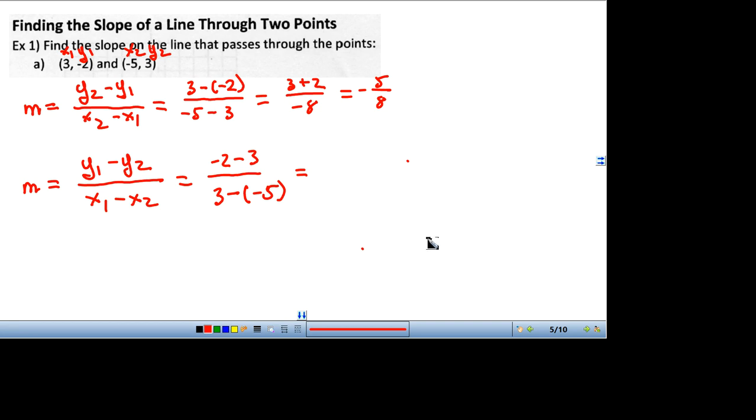And that's going to give me -2 minus 3 is -5. And now I'm going to do minus a minus is a plus. So that's 3 plus 5. Well, that becomes -5/8.